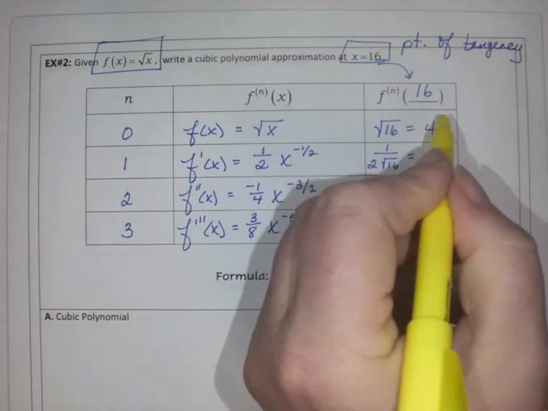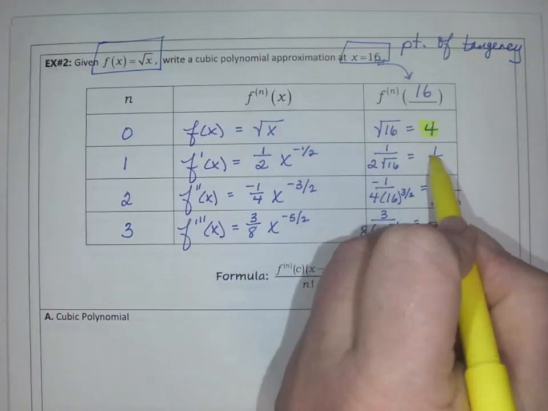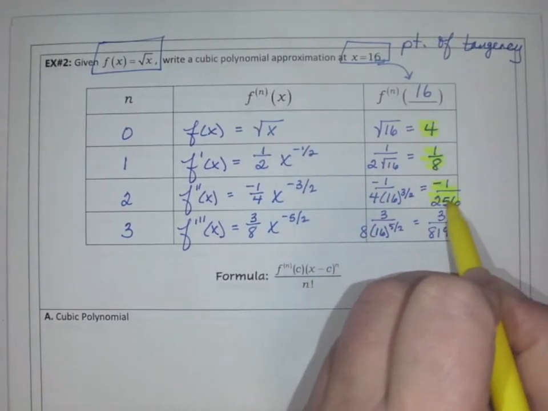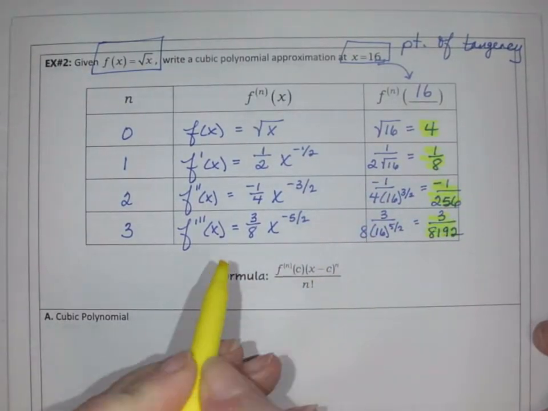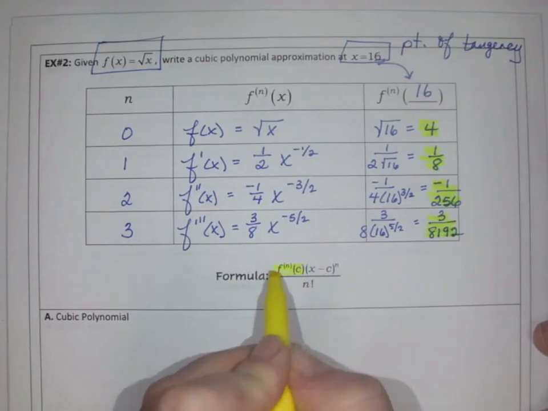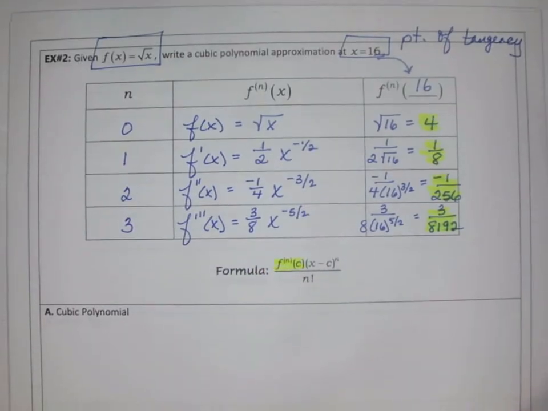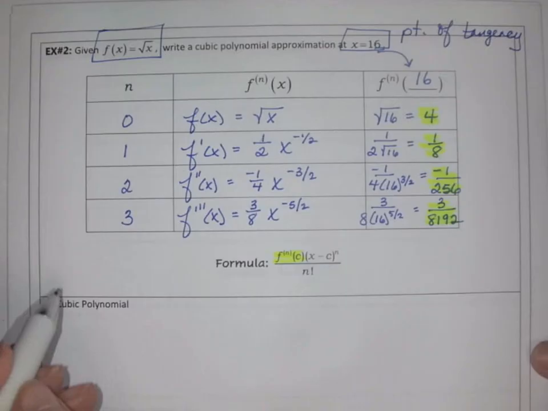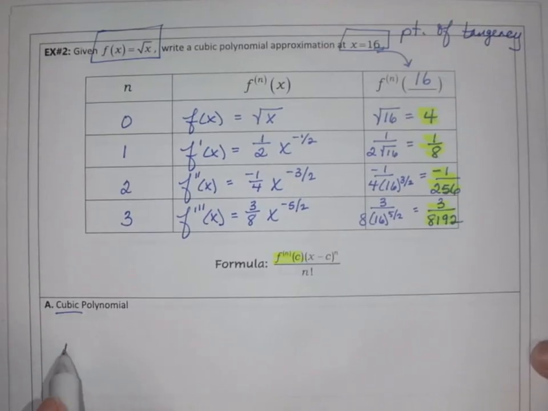All right, so the derivative values that we're interested in are 4, 1/8, negative 1 over 256, 3 over 8192, and remember they go into the derivative spot. So all it's asking us to do is write a cubic polynomial, so that would be P3 of x.